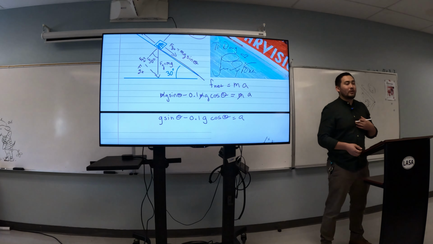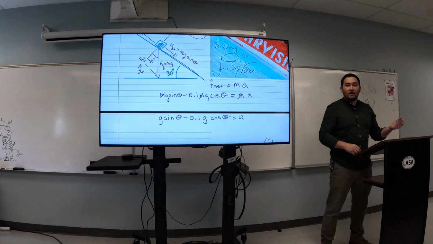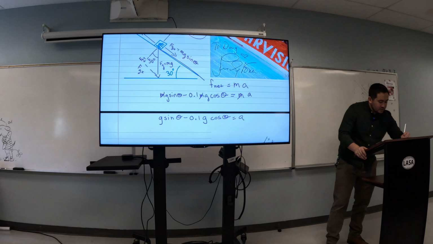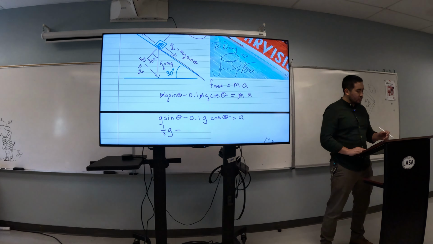The thing is that we were given a theta. It's 30 degrees, okay? So we can just plug in 30 for theta. What's sine of 30? 1/2. So this is 1/2 g minus, what's cosine of theta? Root 3 over 2. All right. So root 3 over 2 times 0.1.